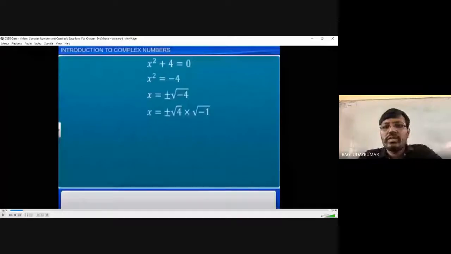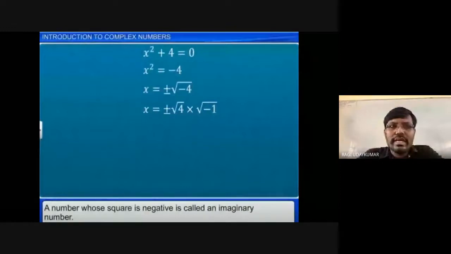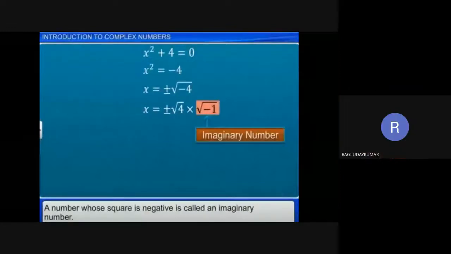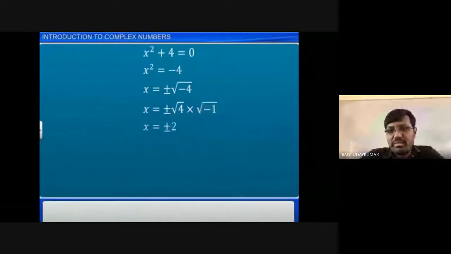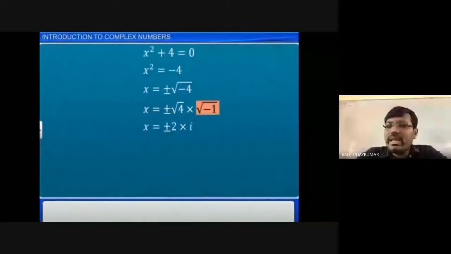So apart from the real numbers, you are going to have the imaginary number. The number whose square is negative is called an imaginary number. That number, under root of minus 1, is called the imaginary number, and it is represented by i.